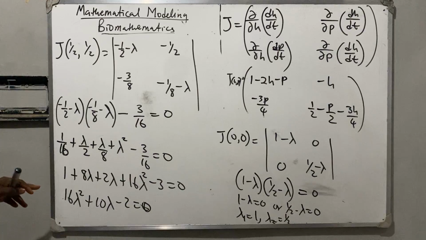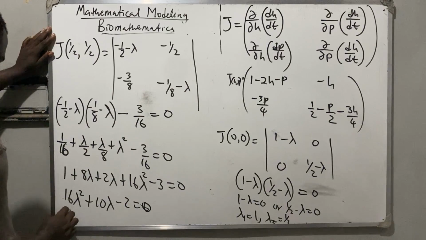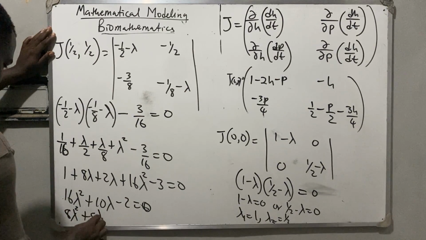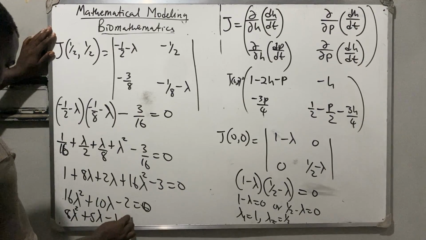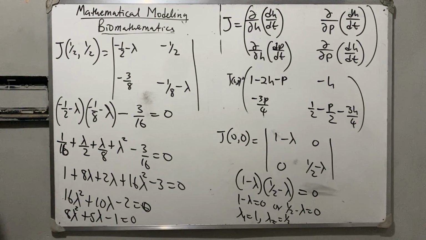Okay, sorry. If you look at this, you see that 2 can divide everywhere. If 2 divides everywhere, I'm going to have that this is 8 lambda squared plus 5 lambda minus 1 equal to 0. Because 2 can divide everywhere, but solving with this will give you the same answer. But if not, you can still solve with this.